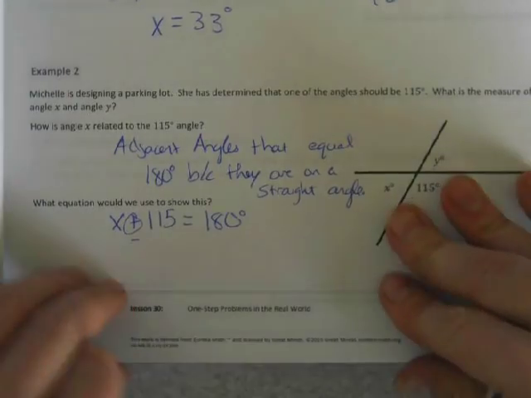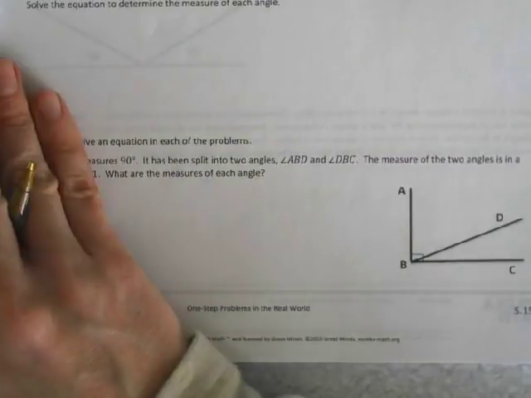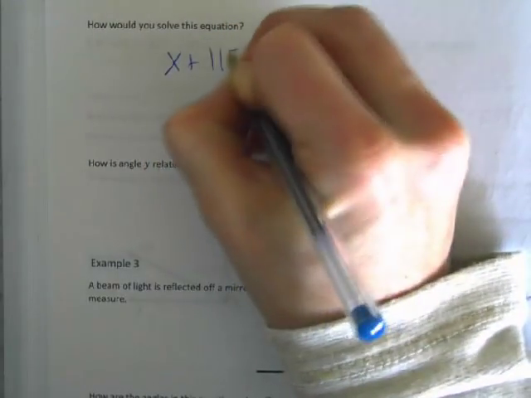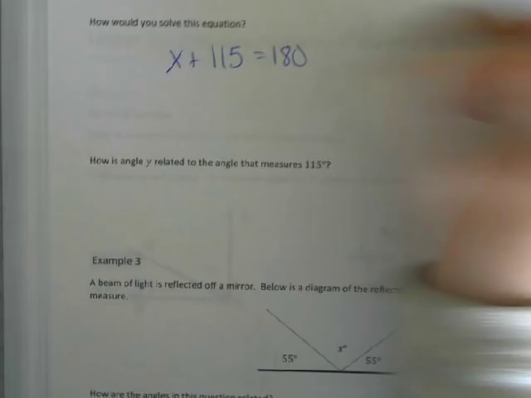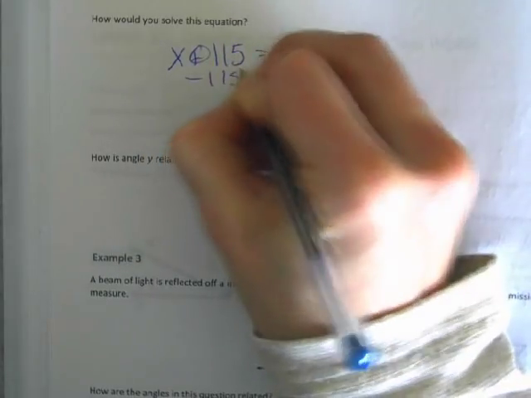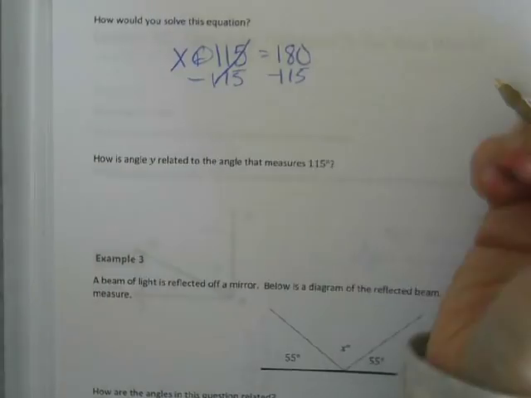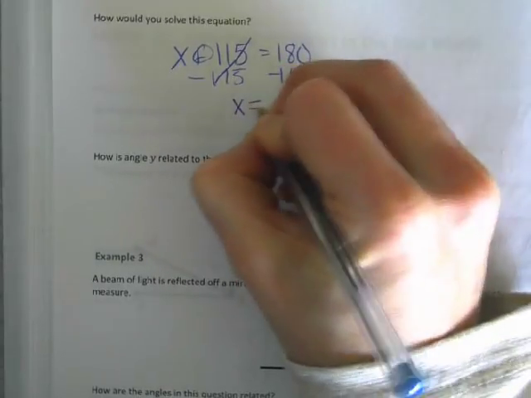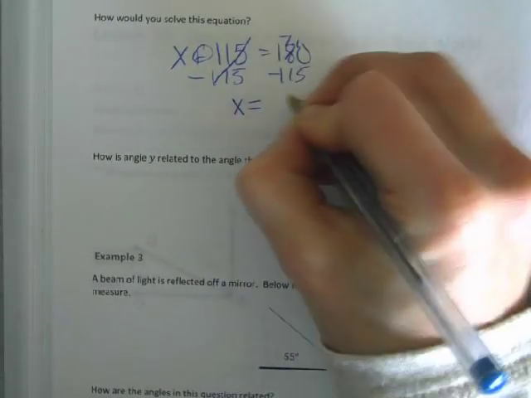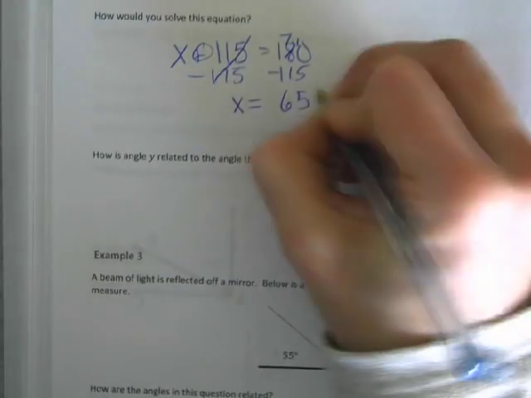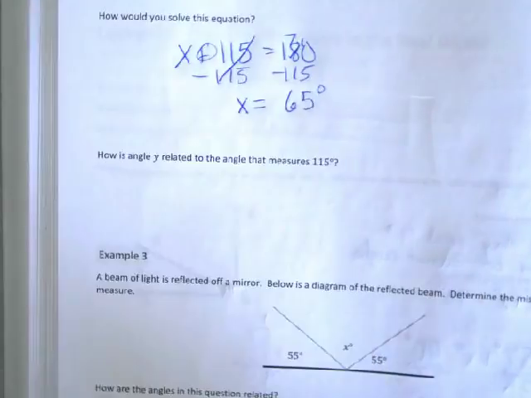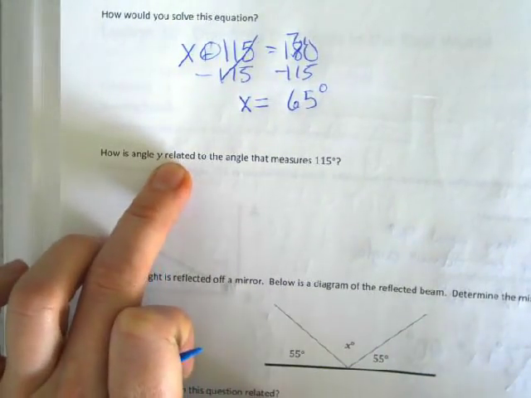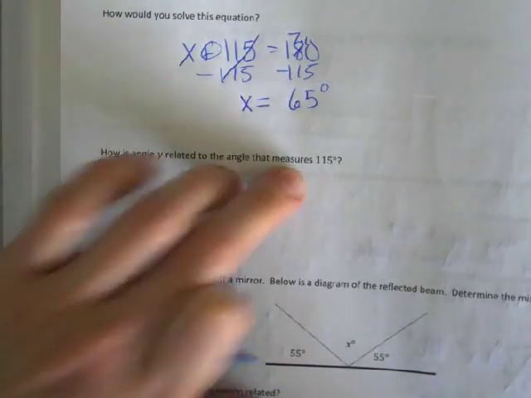So how would you solve that equation? That is x plus 115 equals 180 degrees. Because we're adding, we're going to subtract 115 from both sides, and x equals 65 degrees. Now, how is angle y related to the angle that measures 115?